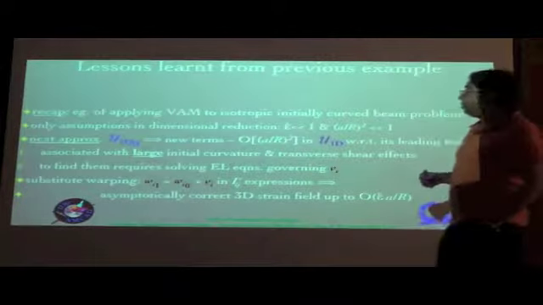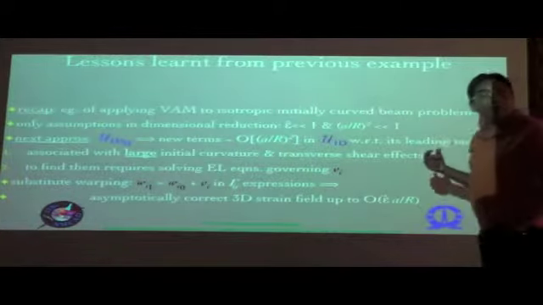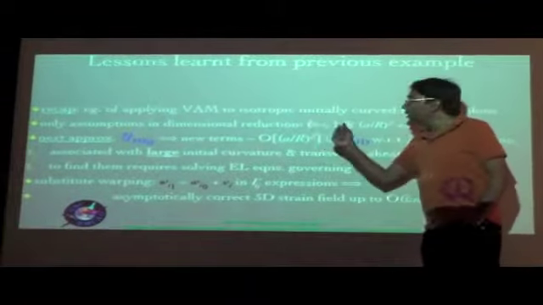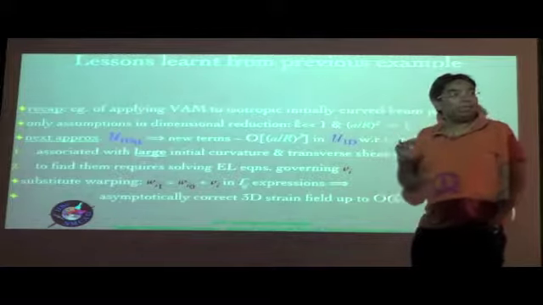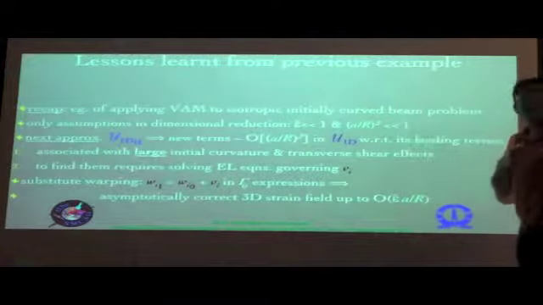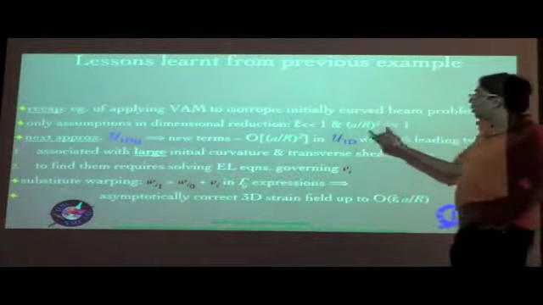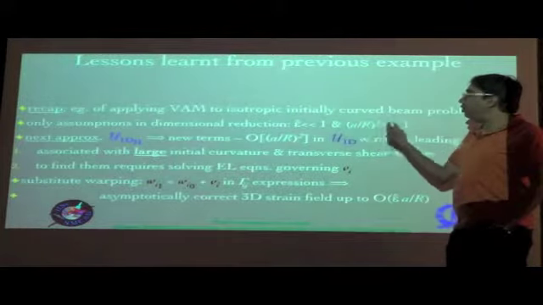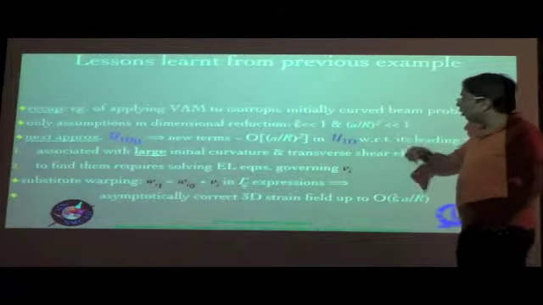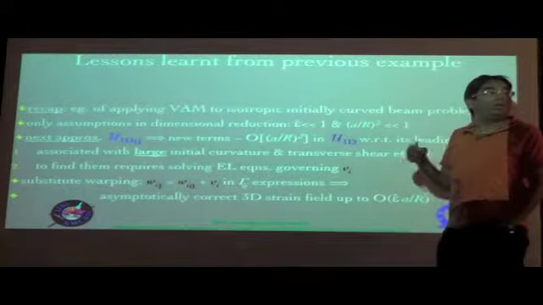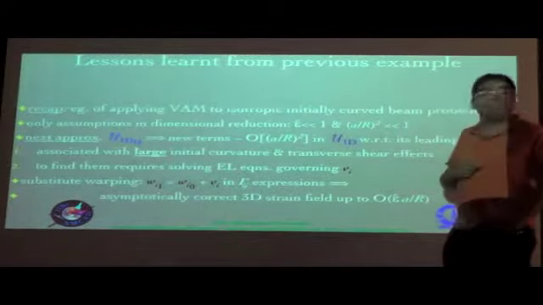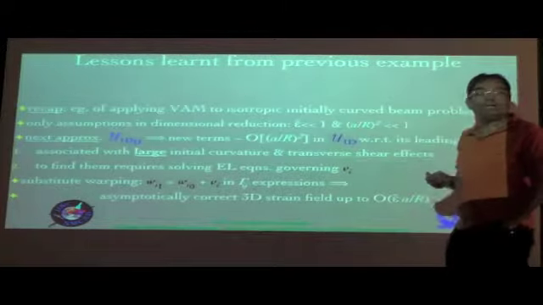The only assumptions in the entire dimensional reduction process were two. One is the strain itself being small because of the material being used, typically having failure strains of the order of 1% or so. And the other is that the cross-sectional geometry and the overall geometry of the beam are such that the cross-sectional dimensions are small compared to both the length of the beam as well as the initial radii of curvature.